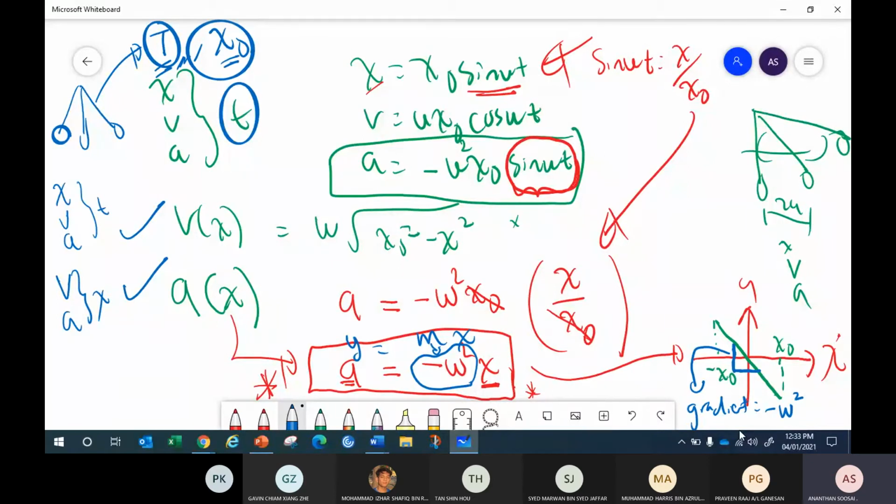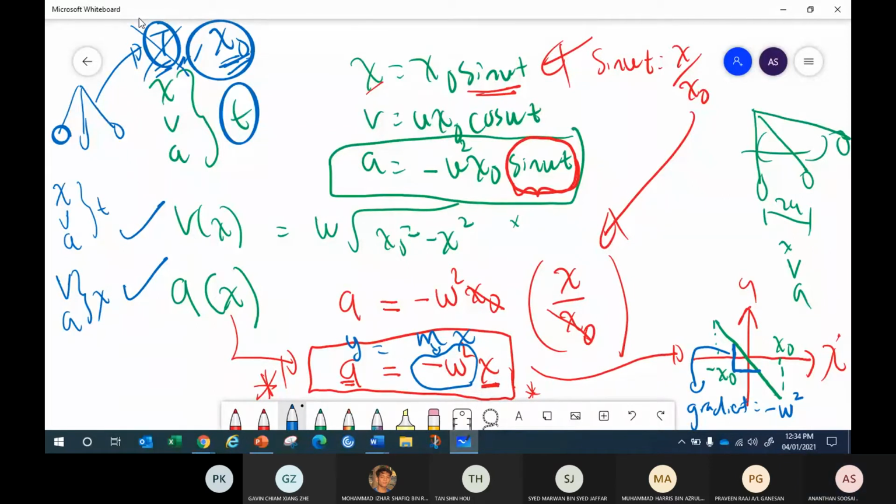Either period or frequency, because we need it to work out the omega. If the period or frequency is not given, you cannot investigate that oscillation. If the amplitude is not given, you can't investigate either, because every equation involves the amplitude, x naught.